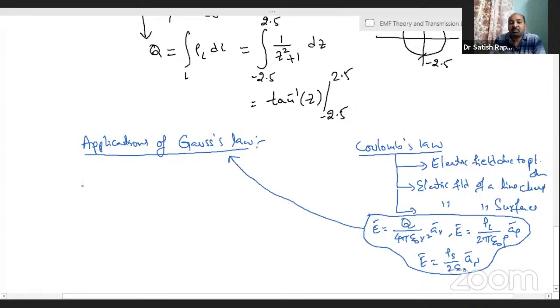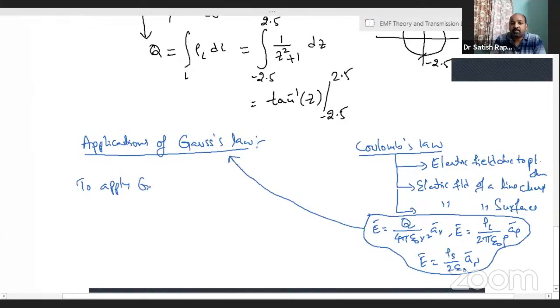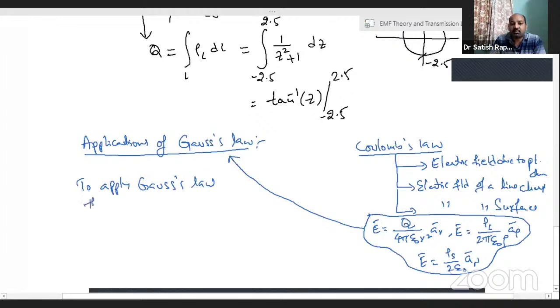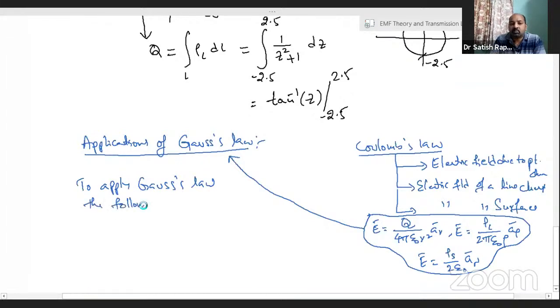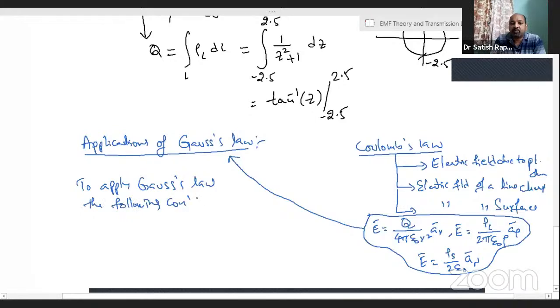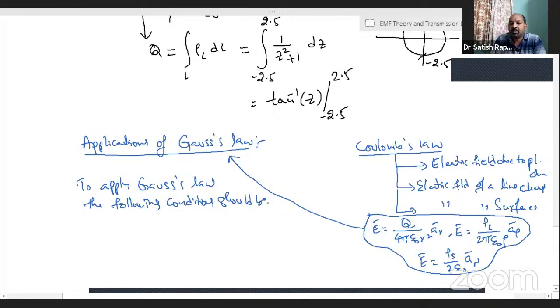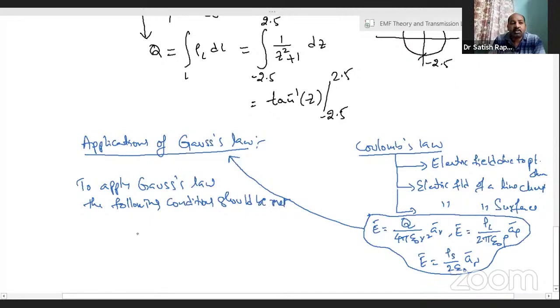But to apply Gauss law, the following conditions should be met. Without satisfying these two conditions, we cannot apply Gauss law.